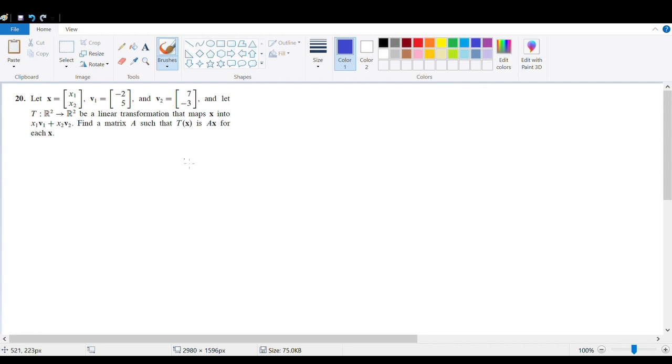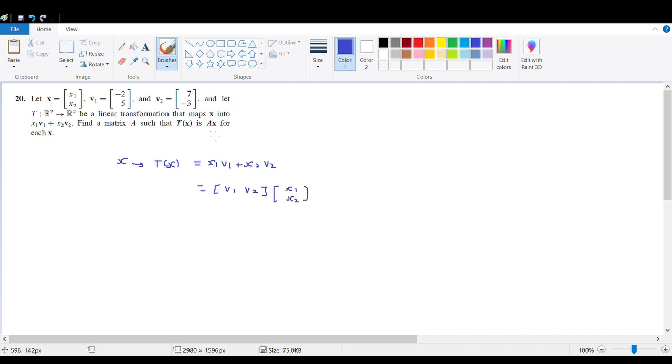So we know that the transformation is x to T(x). That means, as given here, x1 v1 + x2 v2. We know this can be written as [v1 v2] multiplied by (x1, x2).